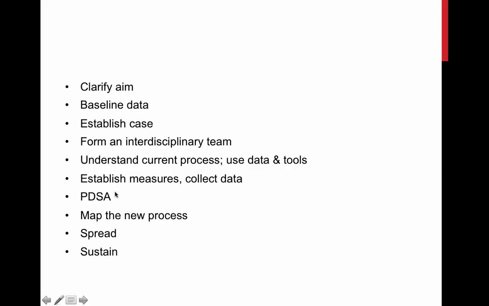You establish your measures. What are you really going to measure, what are you going to track, and then you go and collect data on it, and you develop some ideas that you want to test, and then you test those ideas using a PDSA methodology, and then you map a new process about what your improved process would look like, and then you spread that.